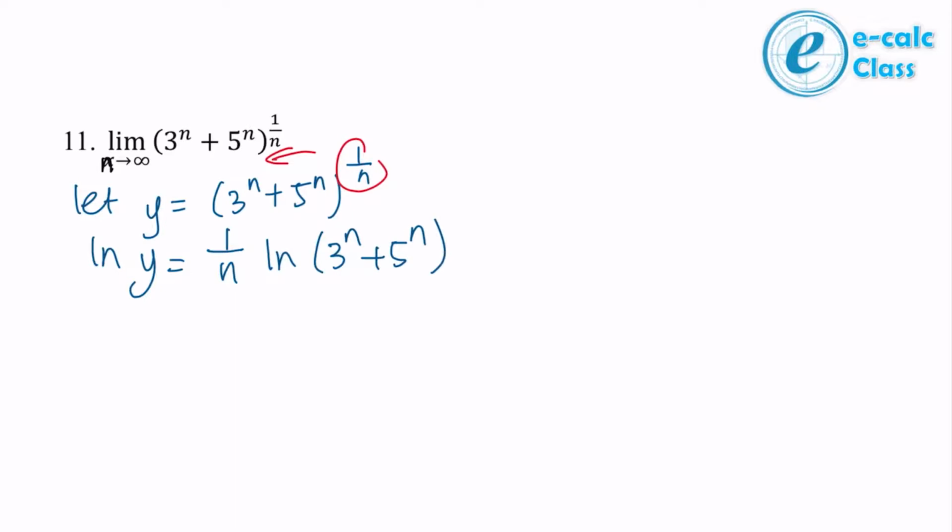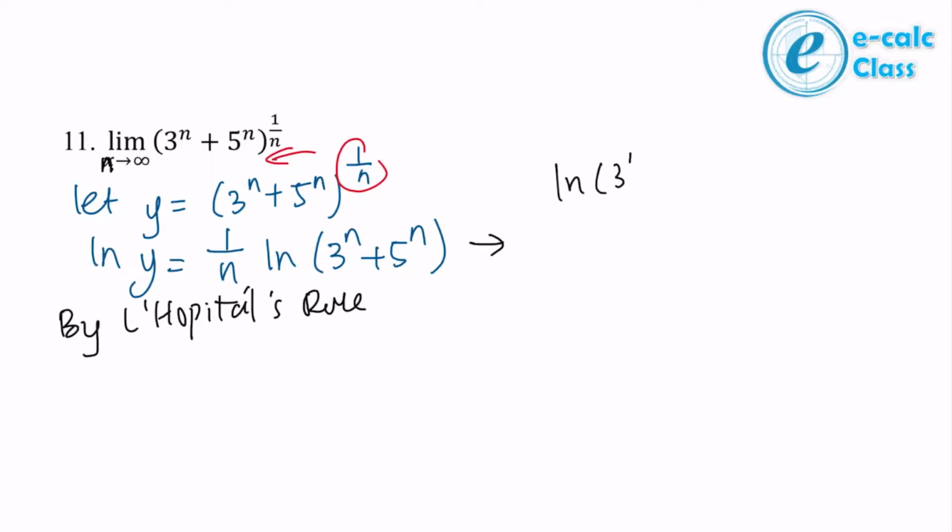And now what? L'Hopital's. Before that, I forgot to check again. This is actually a quotient of ln of 3 to the n plus 5 to the n over n, right? So if you put in infinity, it will be infinity over infinity. Yes, you have the passport to use L'Hopital's.